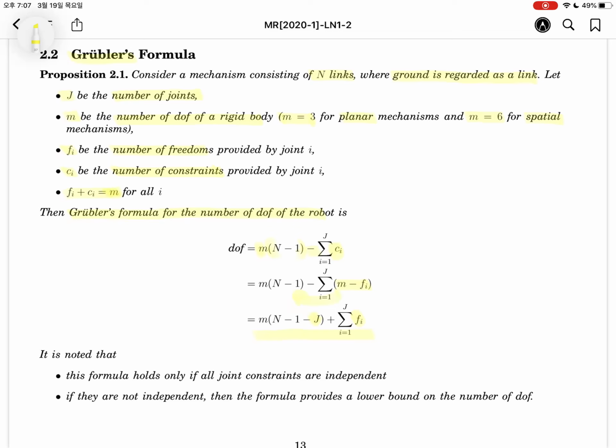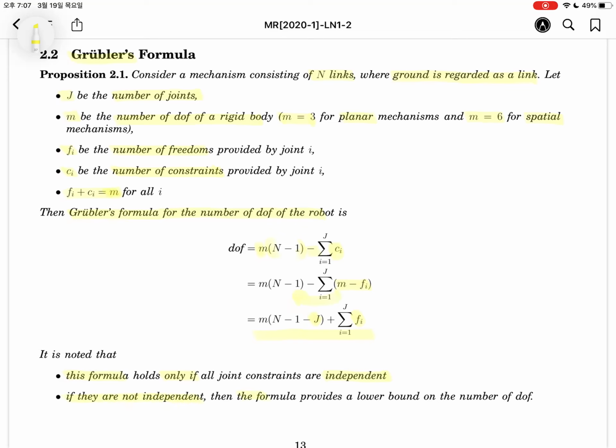We have 2 comments on the Grubler formula. It is noted that this formula holds only if all joint constraints are independent. If some joint constraints are dependent, this formula is not effective.